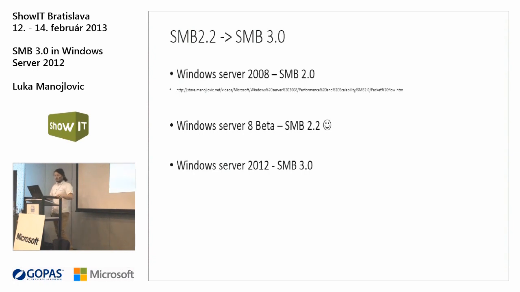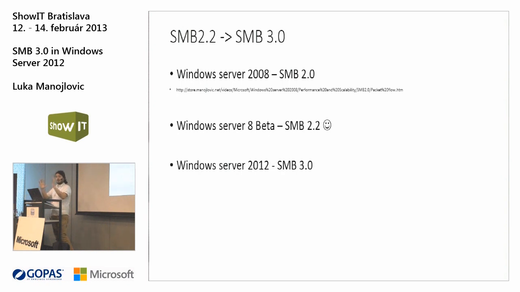With Windows Server 2012, when in beta it was called SMB 2.2, but after that, because of great features that are coming here, they changed the version to 3.0. So in Windows Server 2012, you have SMB 3.0. Does anyone know what is a feature that is coming with Hyper-V and SMB 3.0?